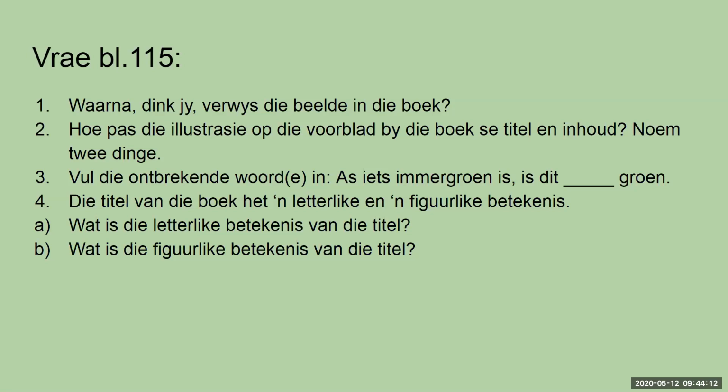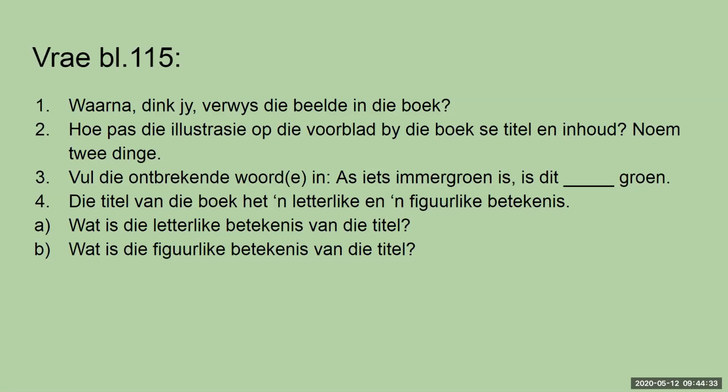Okay, so kom ons kyk gou net wat beteken dit. Die letterlike betekenis is soos wat ek in die woordeboek gaan kry. That's like what I will find in the dictionary. For example, if I tell you, go look up in the dictionary, what does evergreen mean? It means that something does not lose its leaves or change color in winter time.